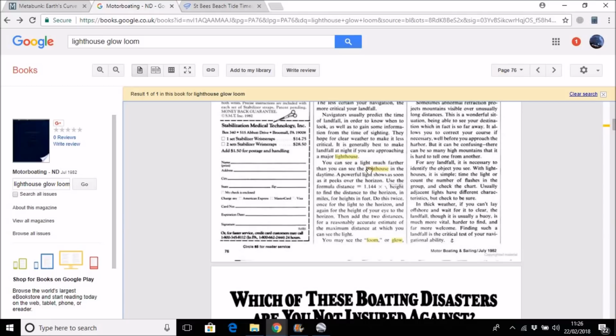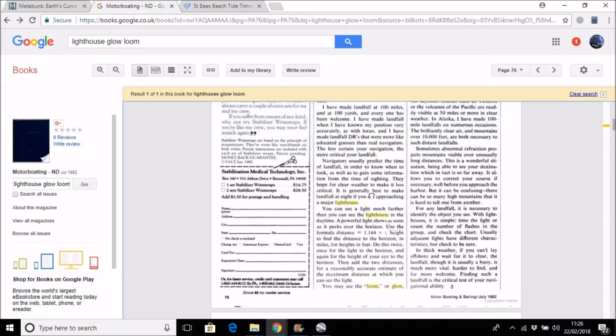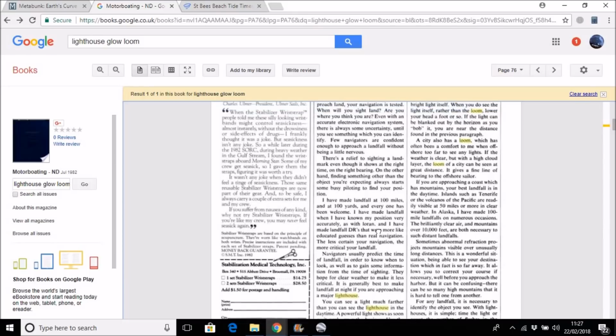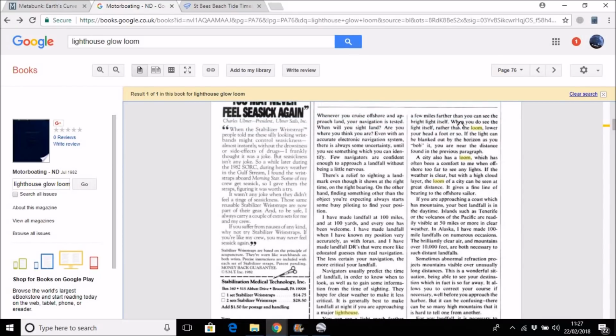You can see a light much farther than you can see the lighthouse in the daytime, and it talks a little bit about heights and distances. But most importantly here it says you may see the loom or glow. I'll just scroll this up. Here we go. A few miles further, then you can see the bright light itself. When you do see the light itself rather than the loom, it says lower your head a foot or so.